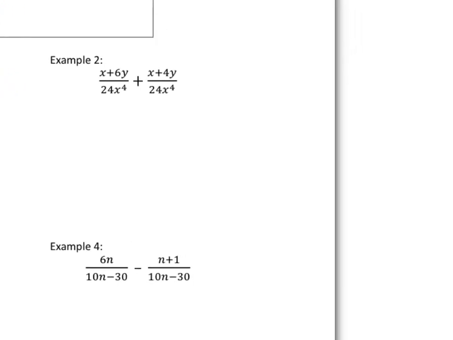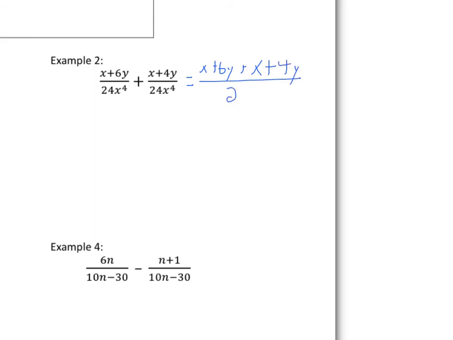On the next one, again, same common denominator, so I go x plus 6y plus x plus 4y all over 24x to the fourth.